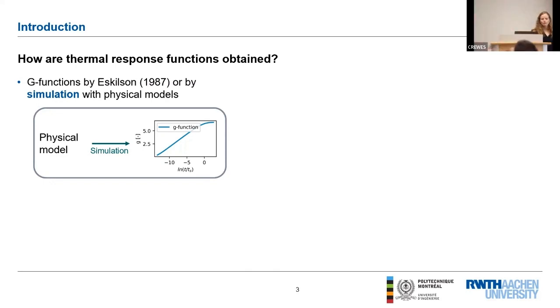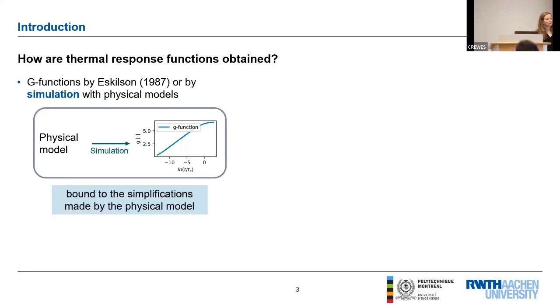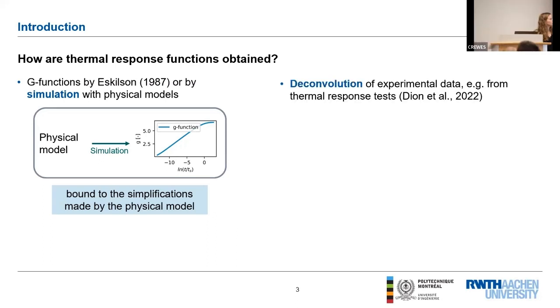The problem with all those G functions obtained from physical models is that they are all bound to the simplifications that are made by the physical model. And this is why a very recent approach to obtain G functions that circumvents those simplifications is to obtain them directly from the experimental data using deconvolution.